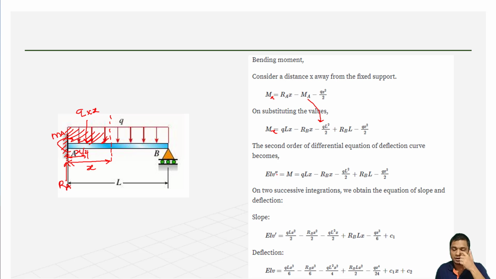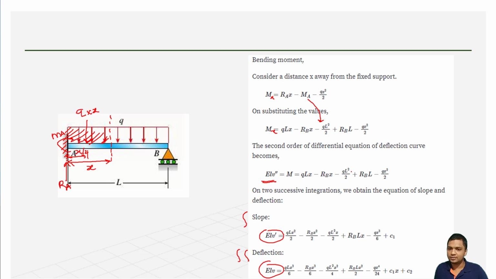If you remember our Gaussian equation lecture, we understood that moment equals EI into d2v by dx2. So this equation becomes a second order differential equation, and if we integrate it once, we will get a slope, and if we integrate it twice, we'll get a deflection, right? So this QLx will become Qx square by 2 minus RBx square by 2.